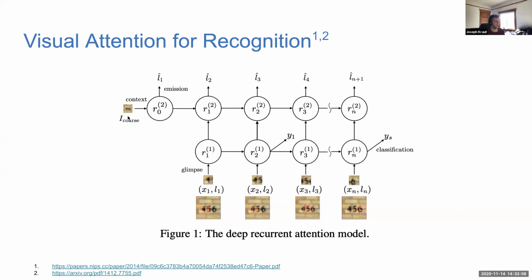The reason for doing this is they found better results because they're feeding this context into the emission head to initialize the attention, because they want it to emit a reasonable first location without needing any glimpses first.